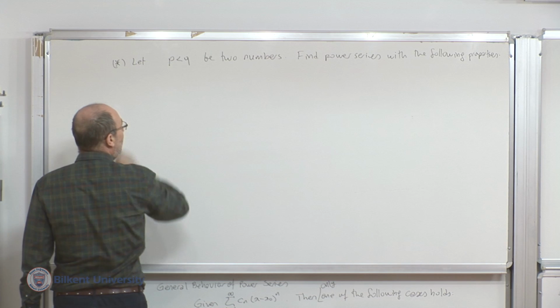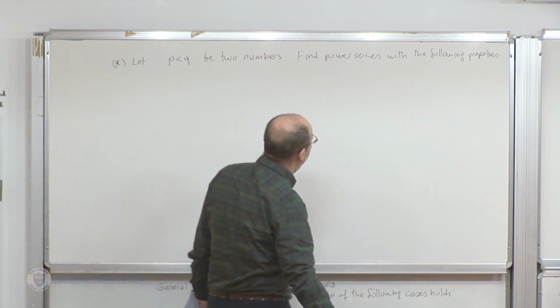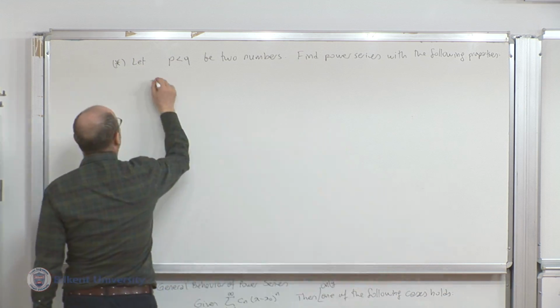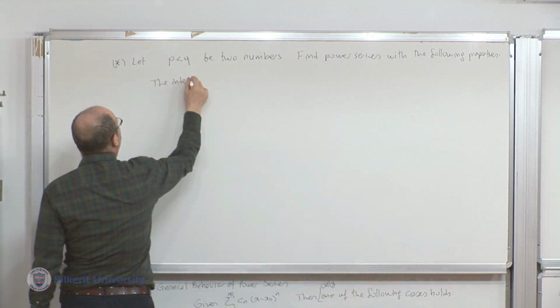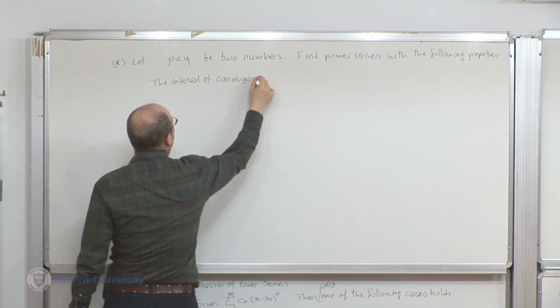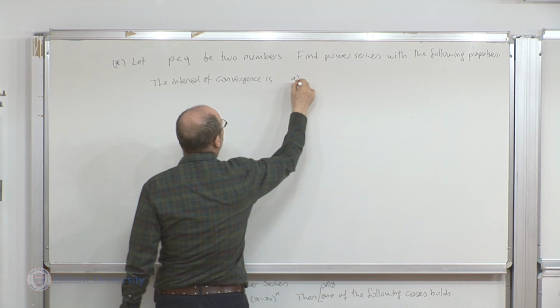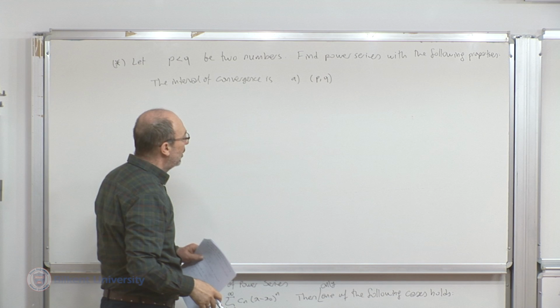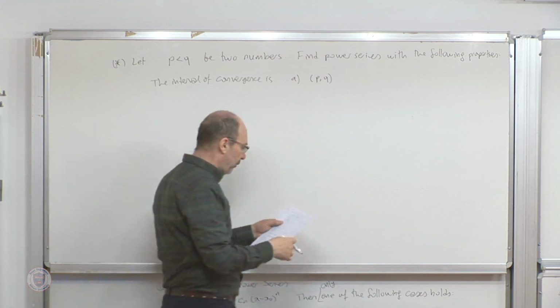Okay, or rather, let me say: find power series whose interval of convergence is, first, (P, Q), so it diverges at the endpoints.